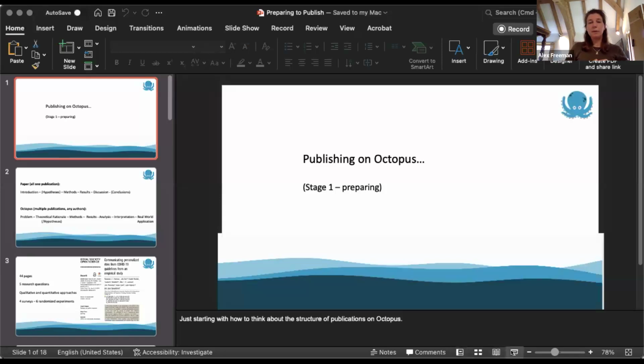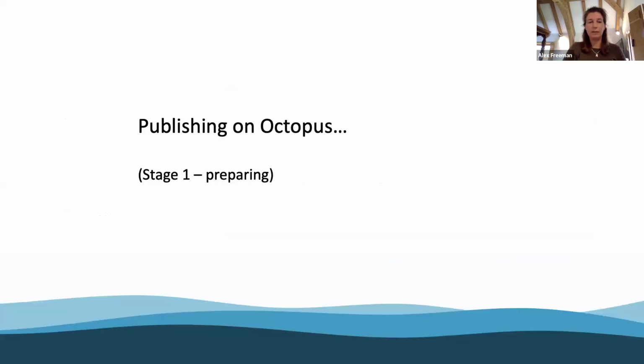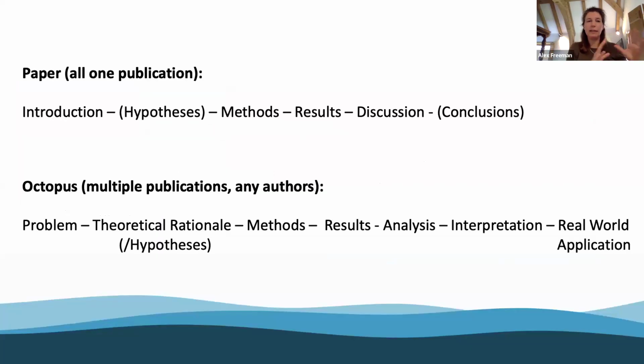So, we've talked about how the publications on Octopus are really quite different from those in a paper. In a paper, all in one publication, you probably have an introduction. Some fields have a section for hypotheses.